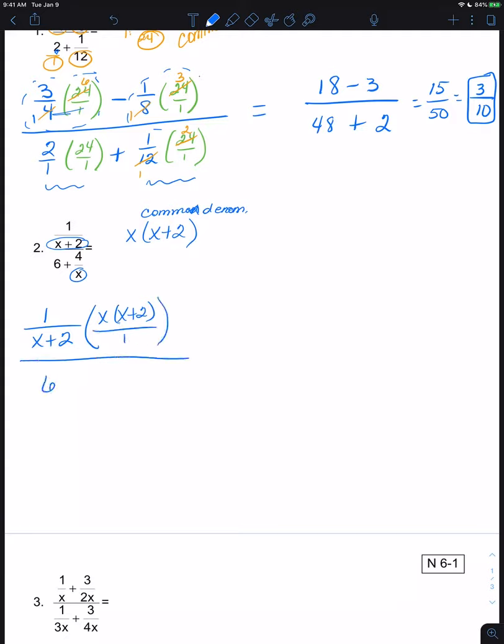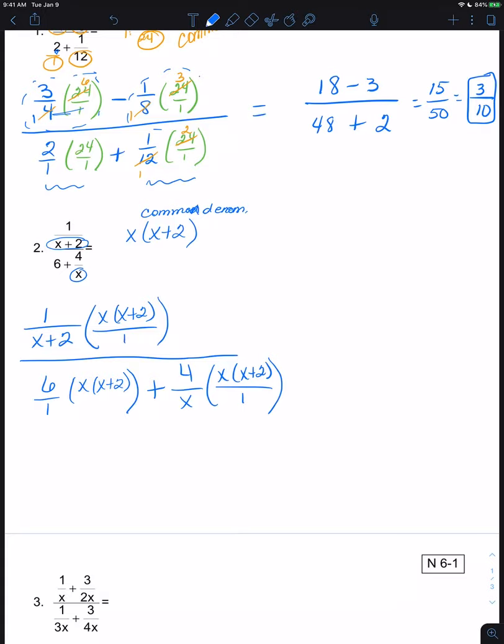Then we have the 6 over 1, and we're going to multiply it times x plus 2. Then we're going to add 4 over x, and we're multiplying that by x times x plus 2, all over 1.